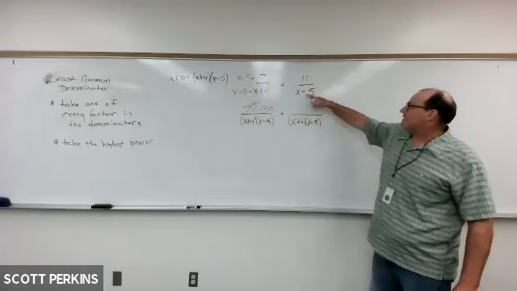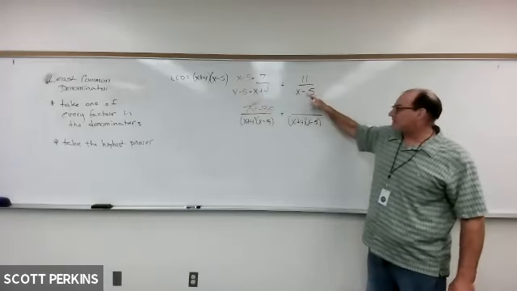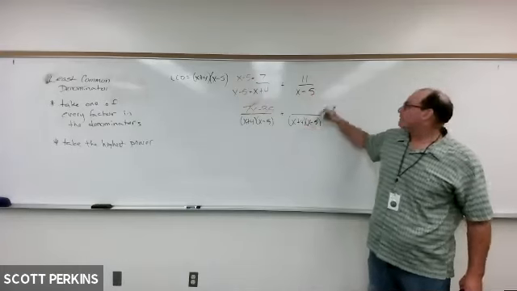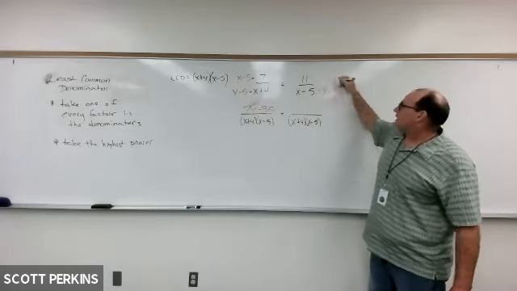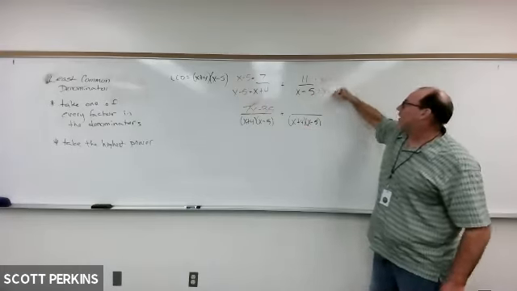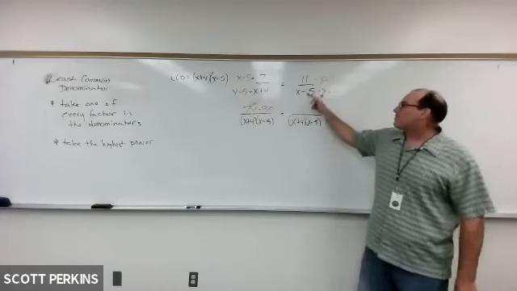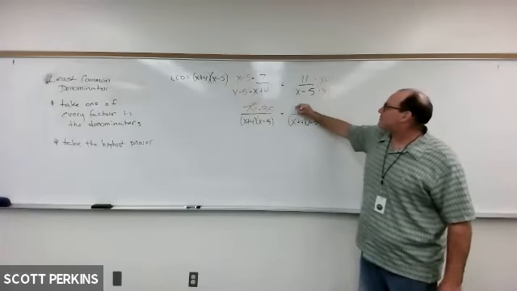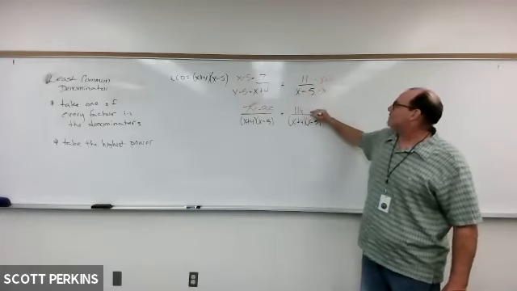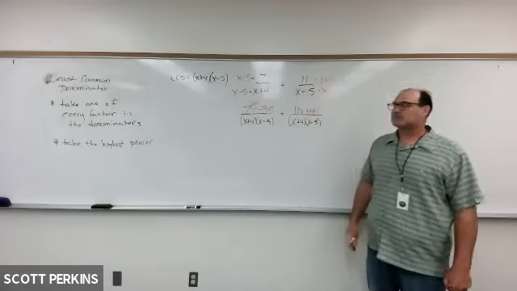What do you have to multiply this denominator by to make it into the common denominator? The x plus 4. So that tells me what I have to do to the numerator. I multiply by the x plus 4. And so my numerator becomes 11 times x, or 11x, 11 times 4, or 44.